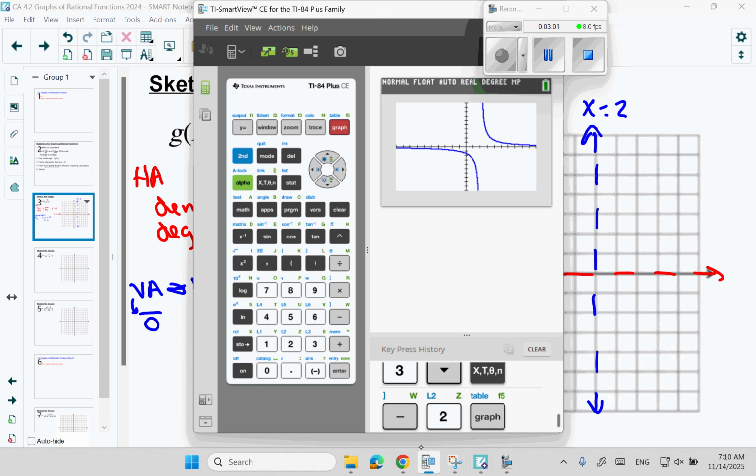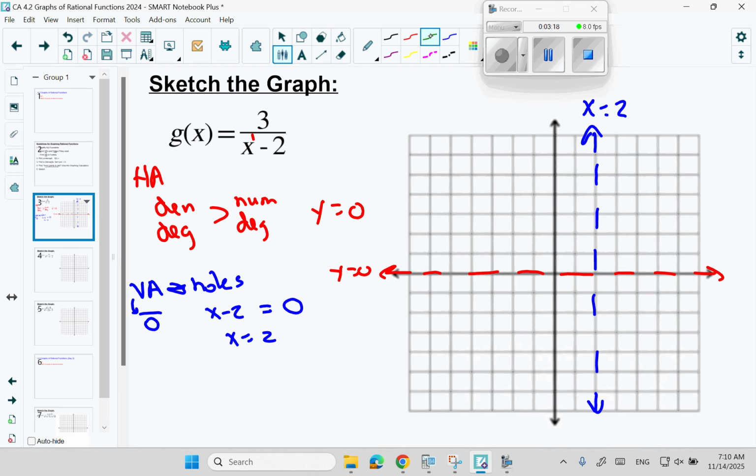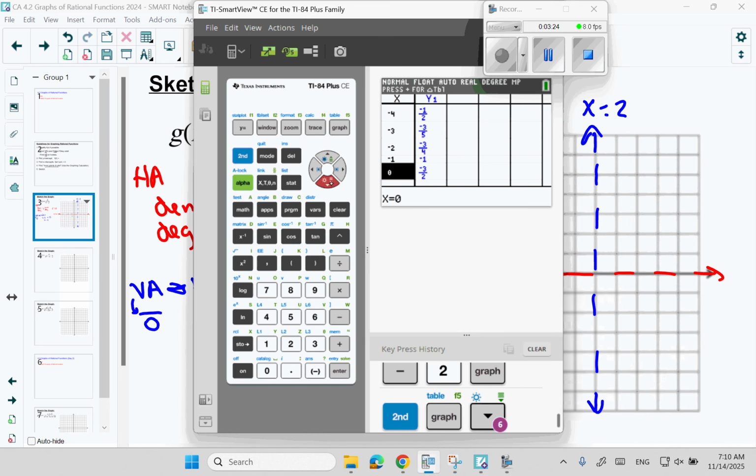So looking at it, we can see that vertical asymptote at x equals 2 working out. So we need some extra coordinates. So an easy way is always second graph for the table. And just look for some easy values like -1 looks awesome. 1, -3.